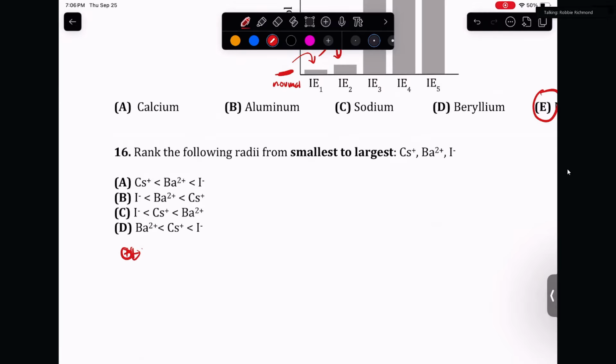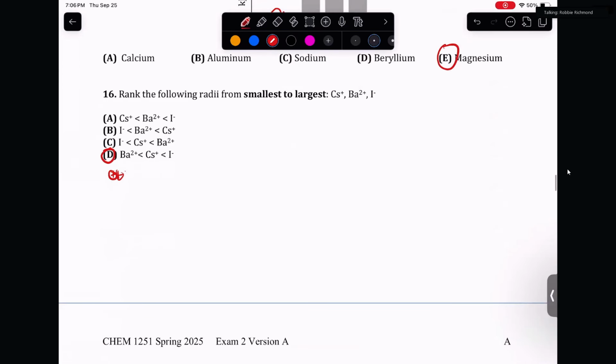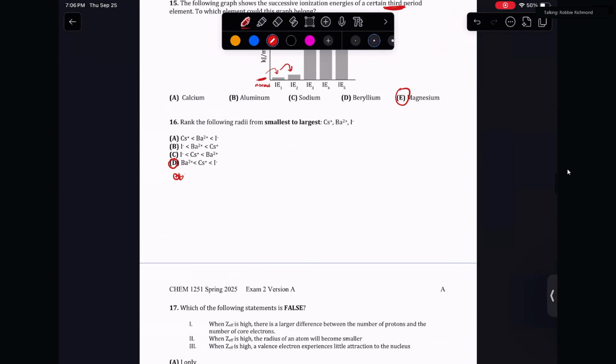And iodine would be our largest because it has the least protons, resulting in a smaller effective nuclear charge. If you have any issues with how I phrased it, please send me an email and I can further explain how this works.